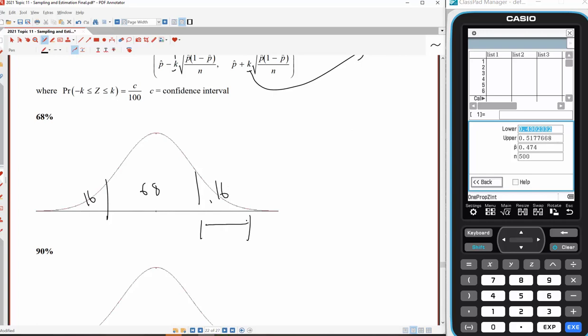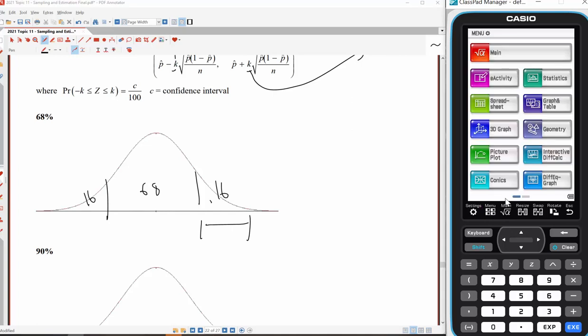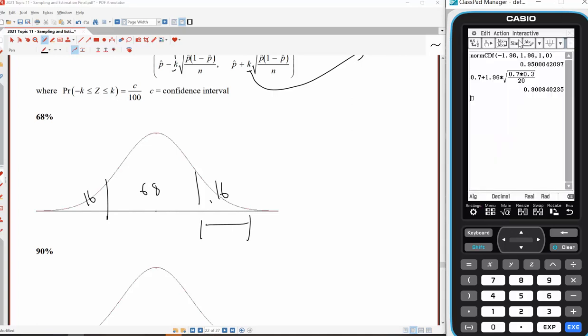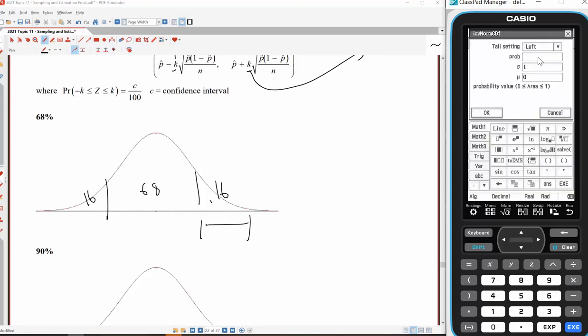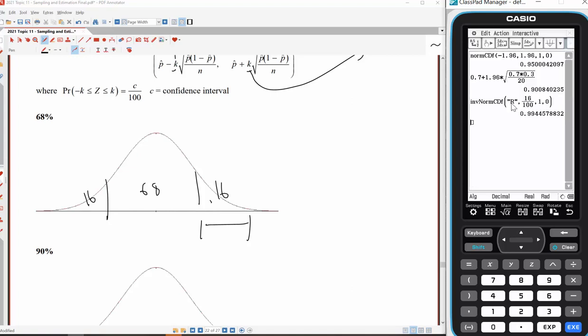Then all I'll do is use my calculator and inverse normal CDF. I'm going to get a right tail probability of 16%, or 16 out of 100, for the Z distribution.